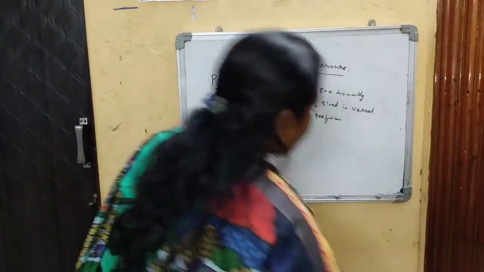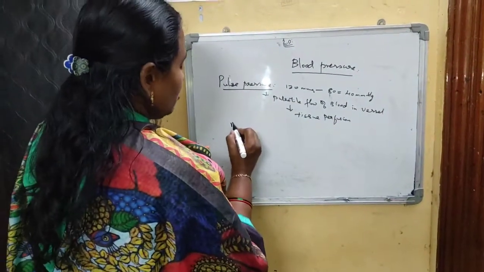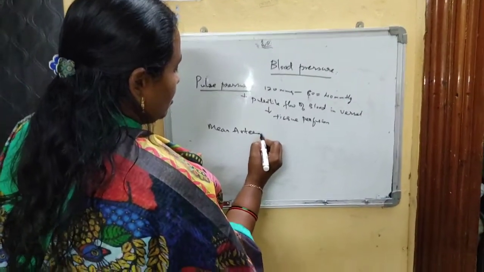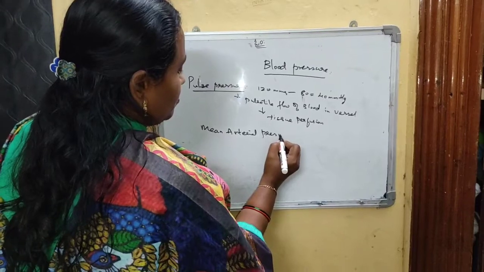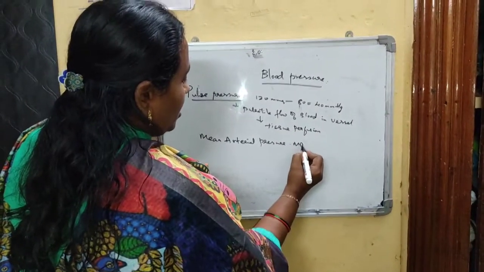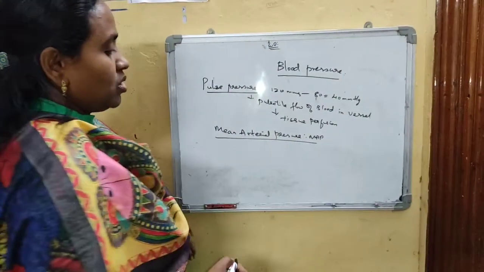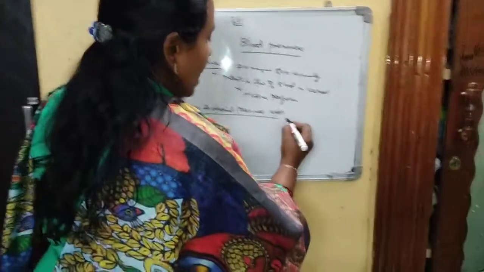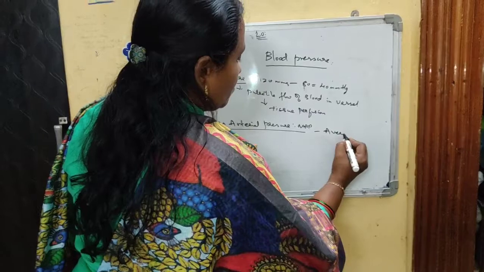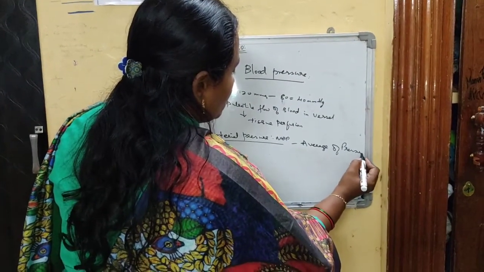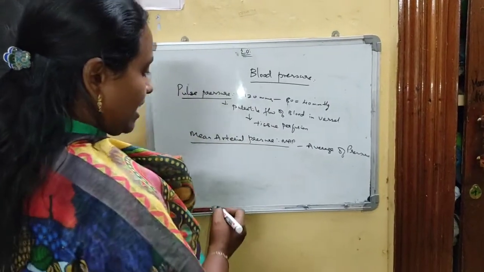Next, we have to remember about mean arterial pressure, MAP. So this term is also important. This is an average of pressures during the cardiac cycle.